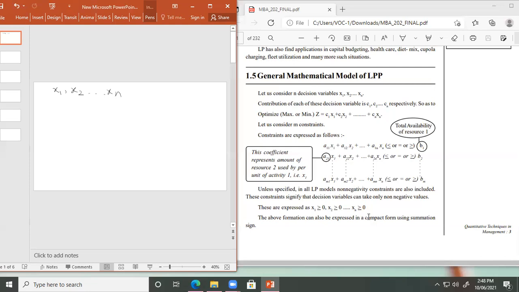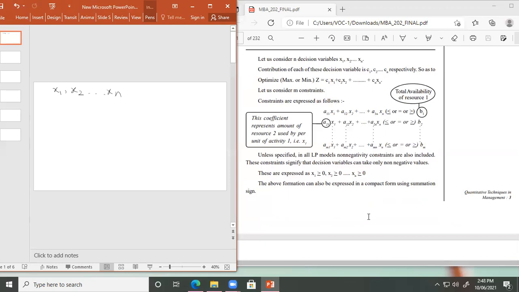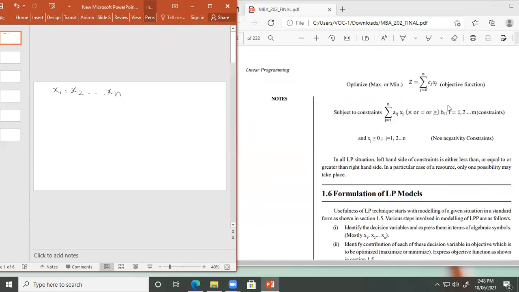So the above formulation can also be expressed in compact form using the summation sign. Okay, this is denoted by Z equals summation over j equals 1 to n of cj xj.